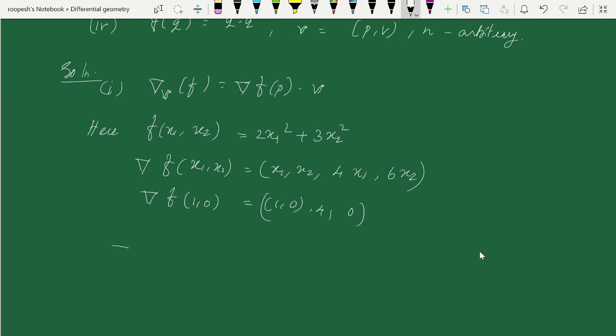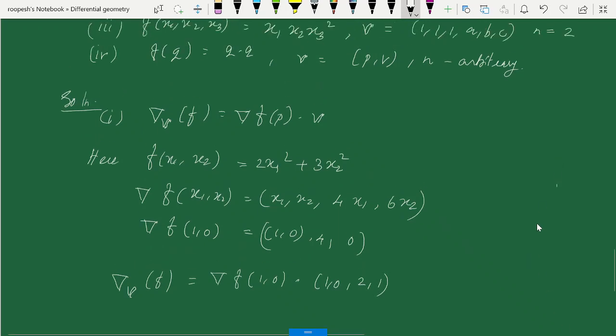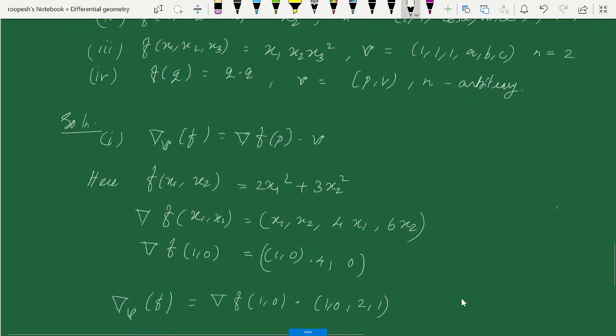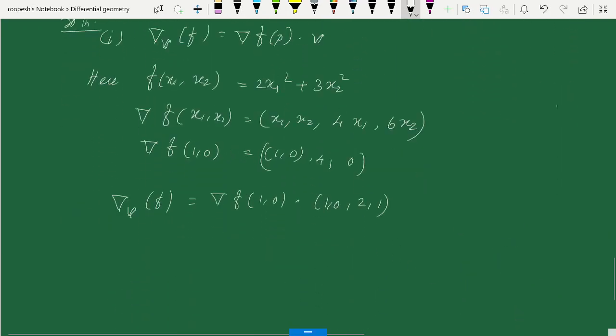Now we want to find del v of f. So del v of f means del f of (1, 0) dotted with (2, 1), because the given vector is (2, 1). So this is equal to (4, 0) dot (2, 1).